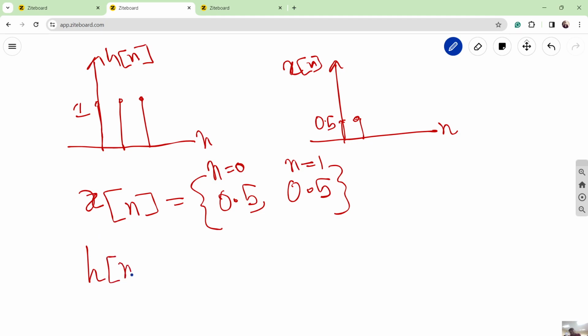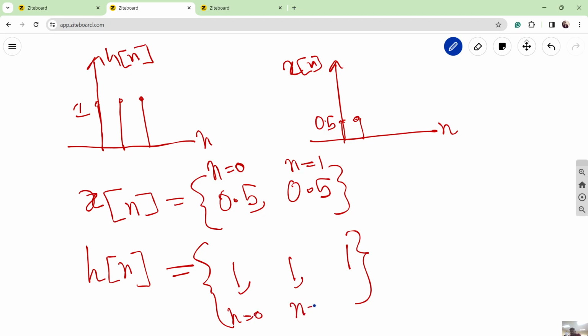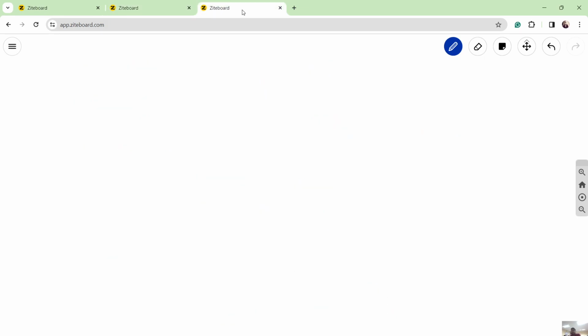H of n equals to 1, comma 1, comma 1. So for n equal to 0, n equal to 1, and n equal to 2. So we do the convolution in this way.